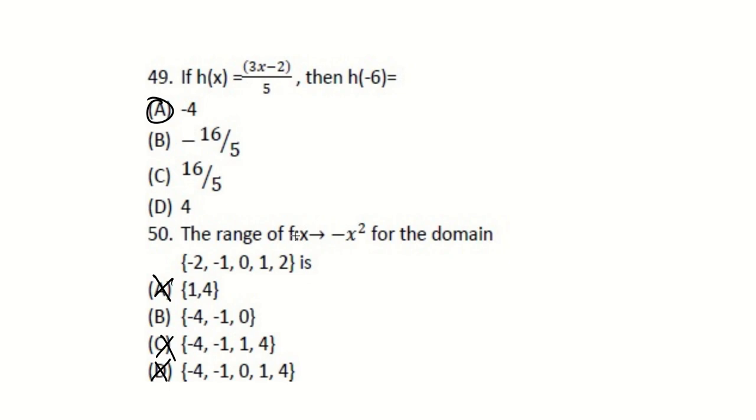So we know that y can only be negatives. Minus 2 squared is 4, so the answer would be B. If you put this in, you will get only minus 4, minus 1, and 0.